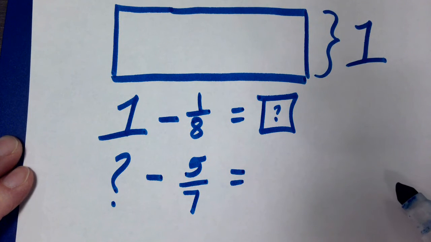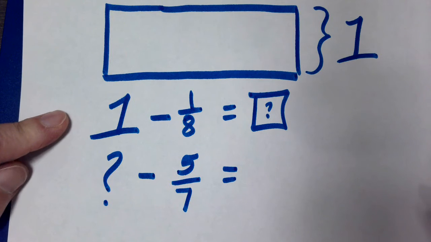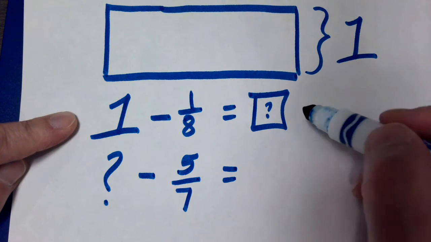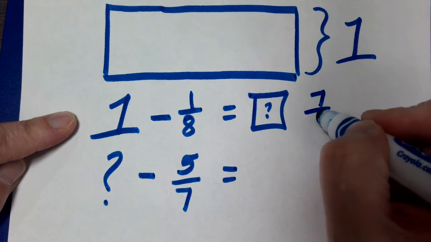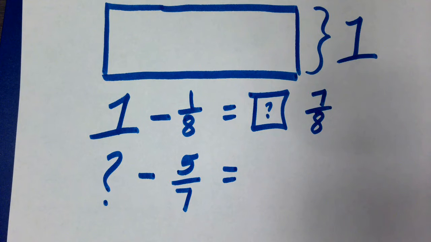Okay, so let's start with 1 take away 1/8. I can probably do that in my head. So 1 whole minus 1/8, and this question mark would be very easy for me to come up with: 7/8. How did I do that so quickly? Well, the first thing I did is look at the whole number 1, and I saw that I needed a denominator.